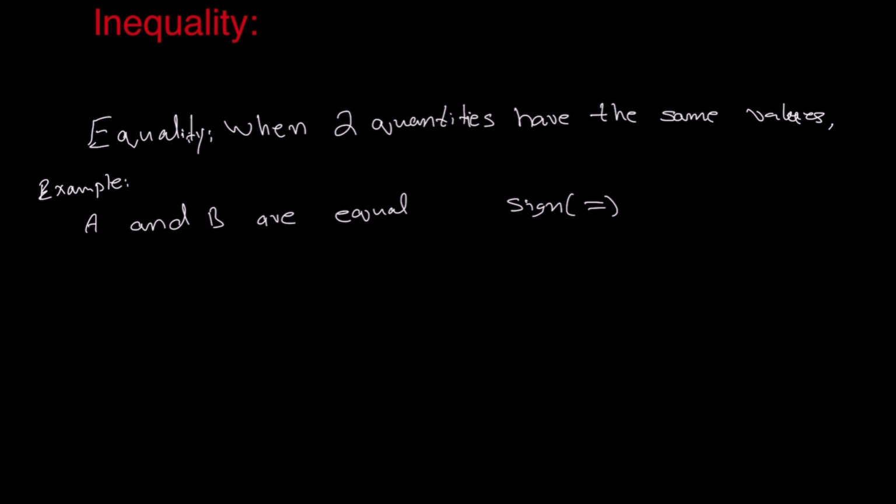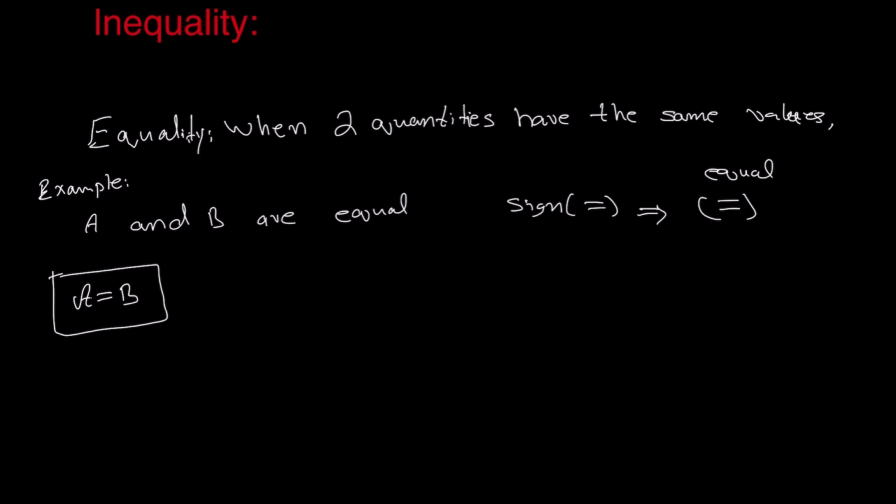It's a double minus sign, so you can also say double underscore sign. That is the equal sign. We will use that algebraically: A is equal to B, so that will be the equal sign.